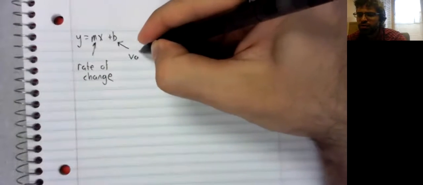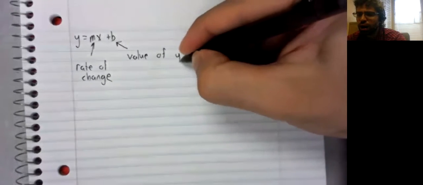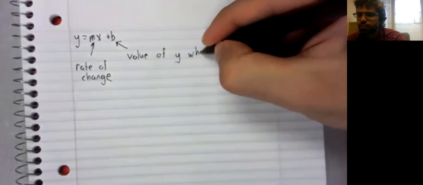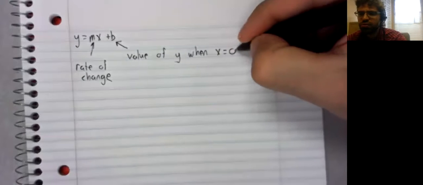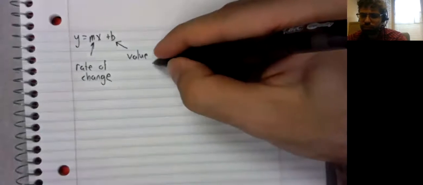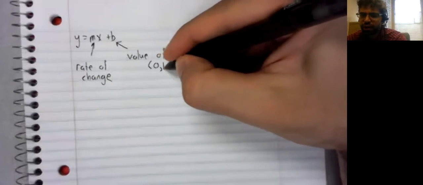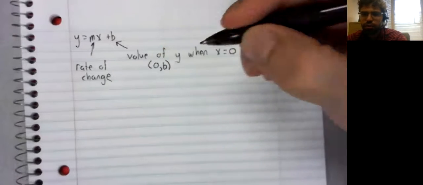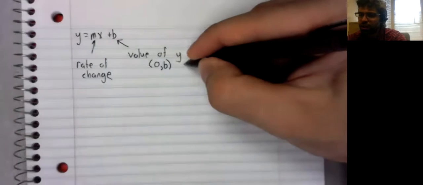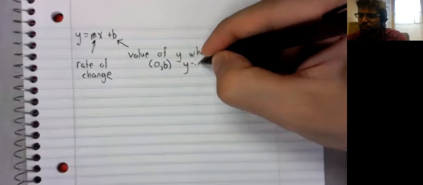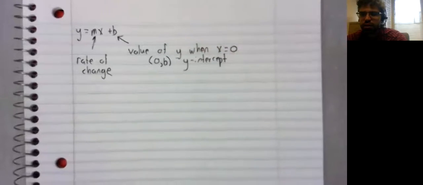Well, it's the value of y when x equals 0. So another way of putting that would be that the point (0, b) is the y-intercept.